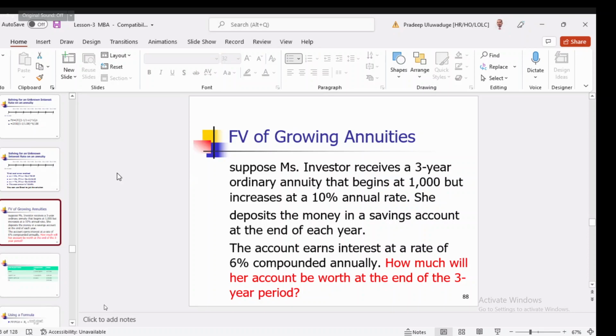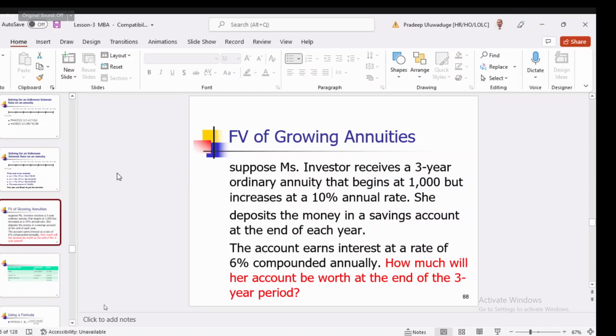Every year when she receives this annuity, she deposits it in a bank, which will give her 6% compounded annually. So we have to find the value of the cash flows first. The first cash flow will be 1,000, which she will deposit in the bank at 6%.